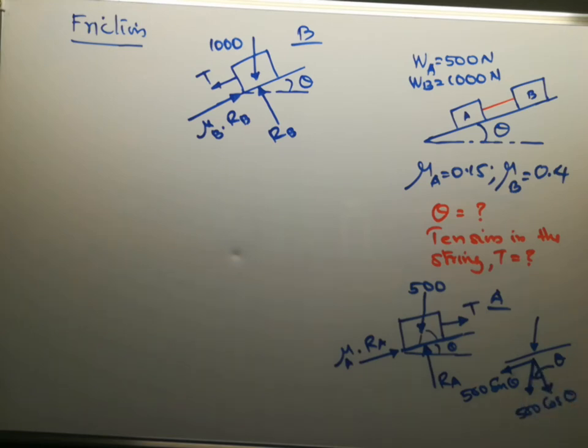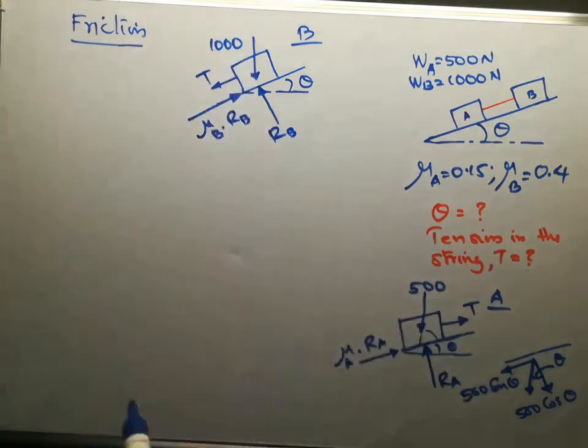This will be the weight. So we can say the block A is having the tendency to move down the plane under the action of 500 sin theta, and the force of friction, that is mu A into RA, with the T, will be acting in the upward direction, that is opposing the motion or opposing 500 sin theta.